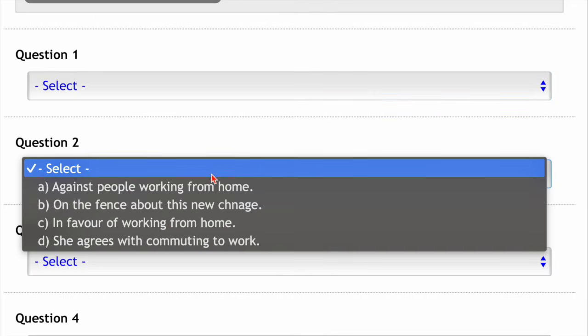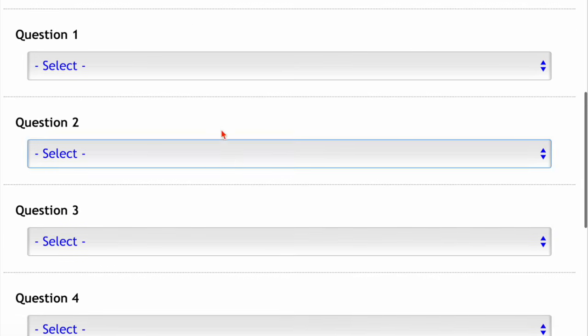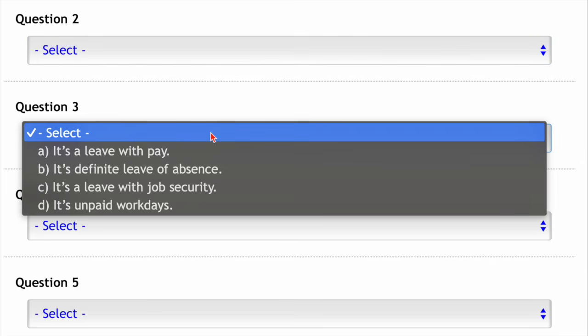How does the woman feel about change? Question 3. What is unpaid leave?